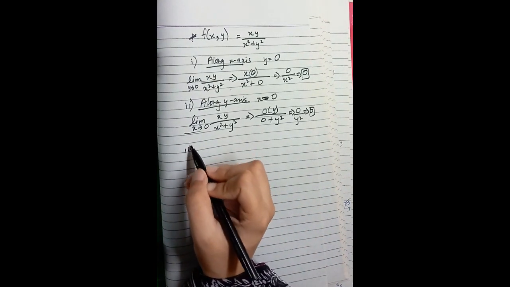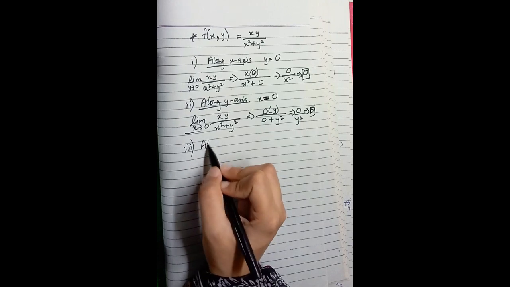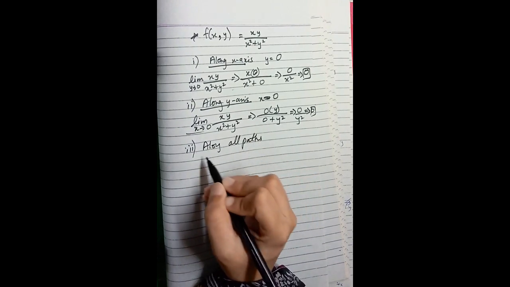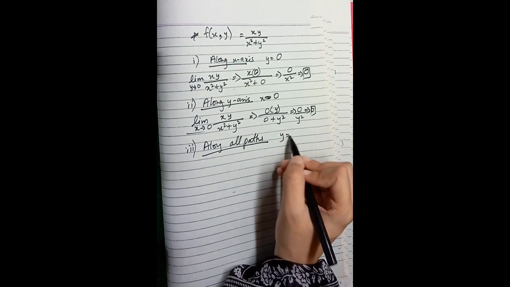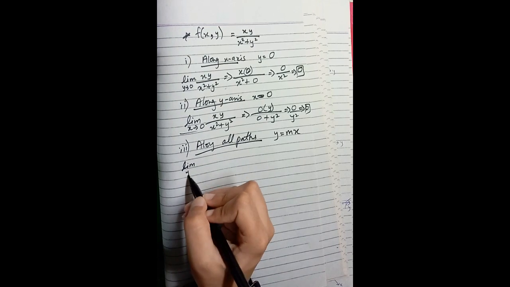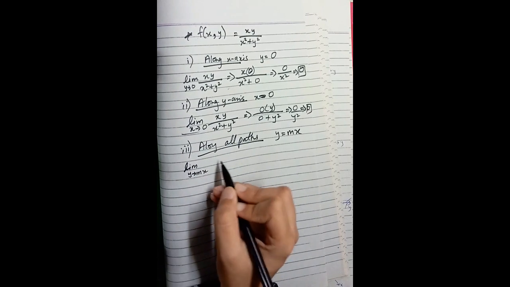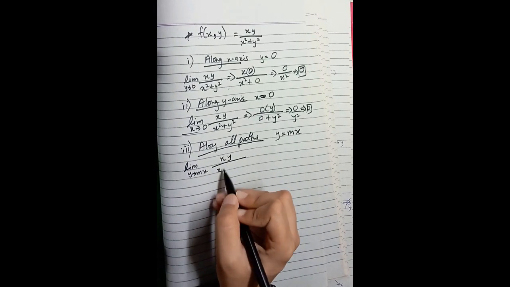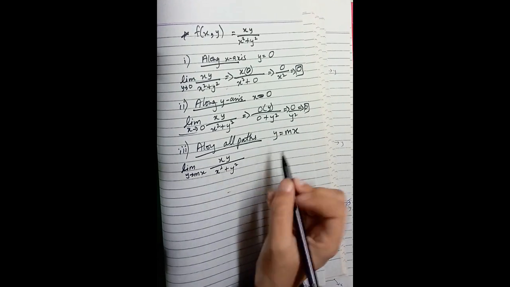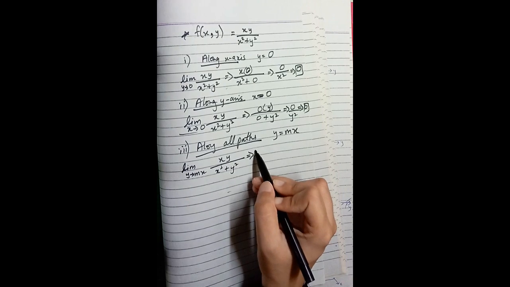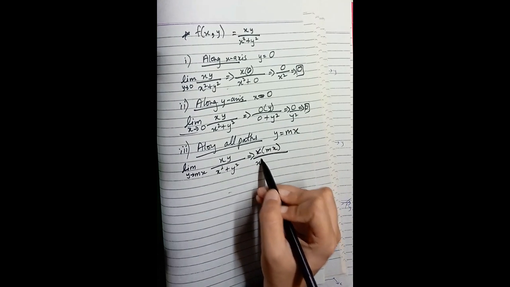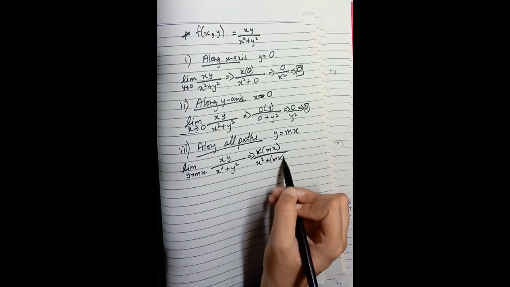Now our third point is along all paths. If we approach from all paths, should we reach the same point or not? For this we will take y is equal to mx. Limit as y approaches mx of xy divided by x square plus y square. Now in place of y, we put mx. So x into mx divided by x square plus mx whole square.